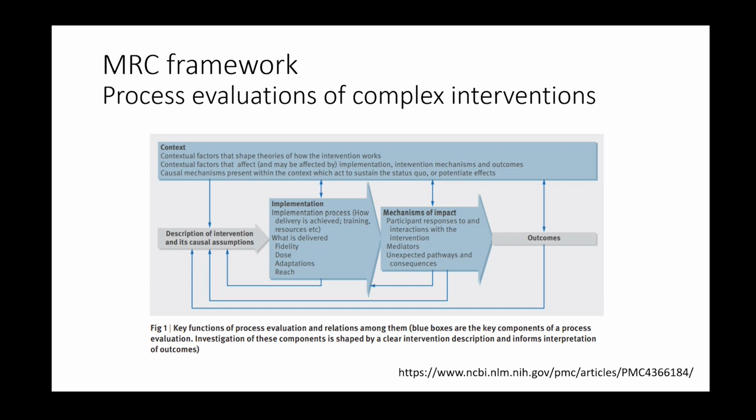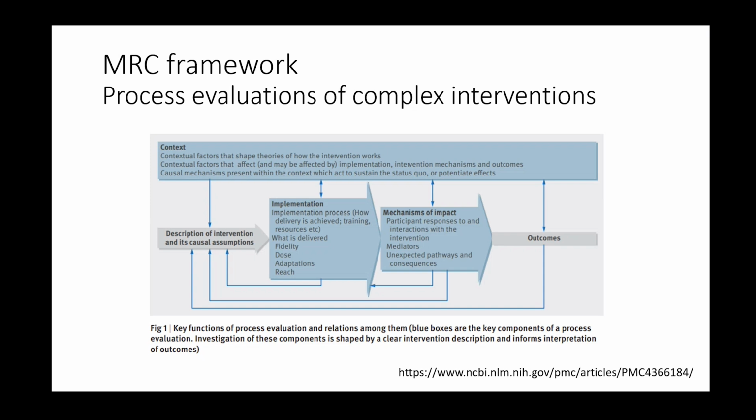Some people call this the theory of change, understanding how cause and effect are meant to happen within your intervention. And then describing the implementation process, so how the delivery was addressed or achieved.